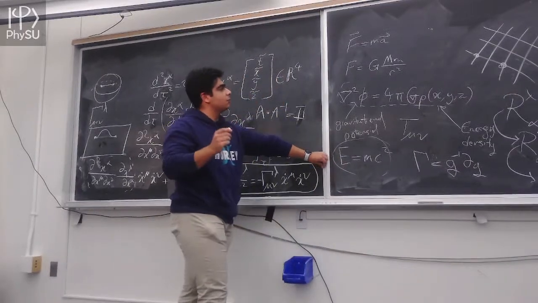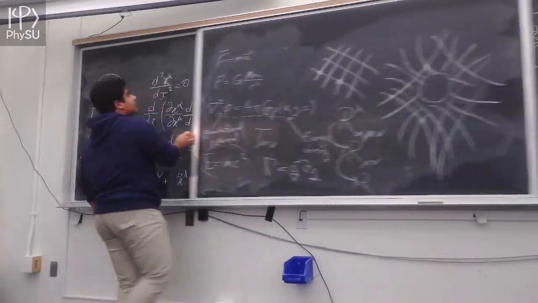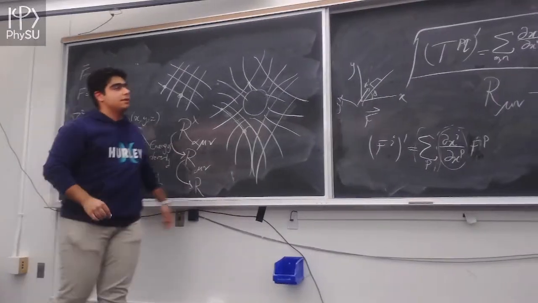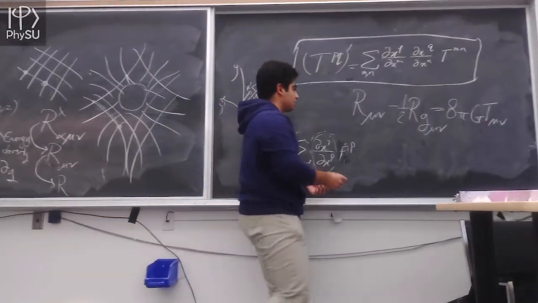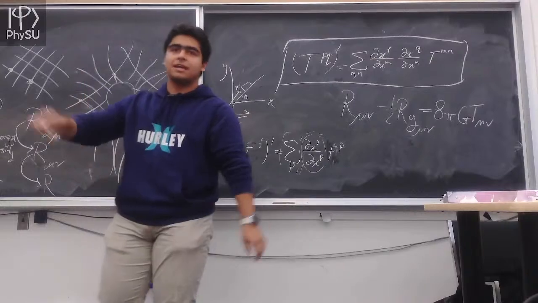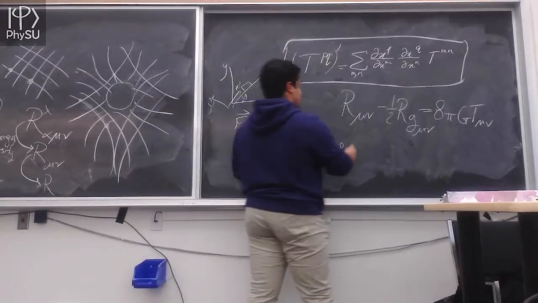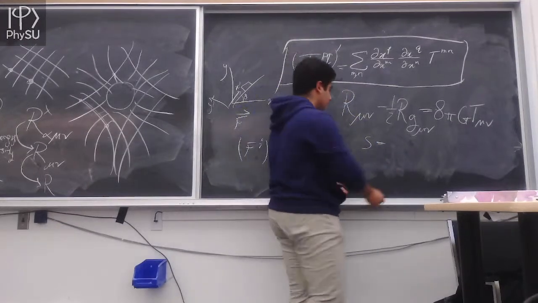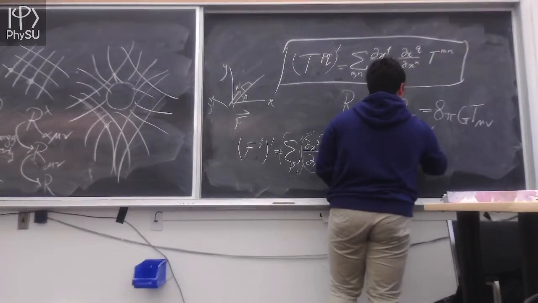Now, one note before we finish is that if you have taken classical mechanics, then you'd be familiar with the least action principle. And the least action principle says the system minimizes the action, and then you vary the action, and then you find the Euler-Lagrange equation. In general relativity, there is the Einstein-Hilbert action, which is given by this integral.